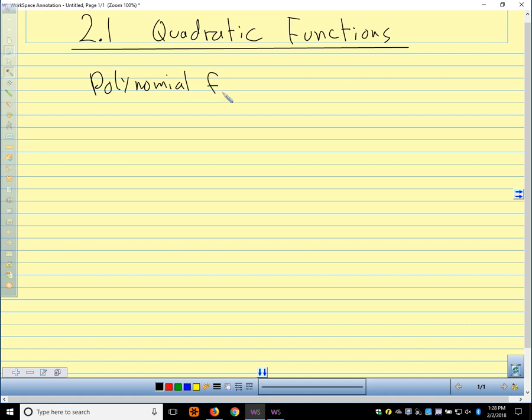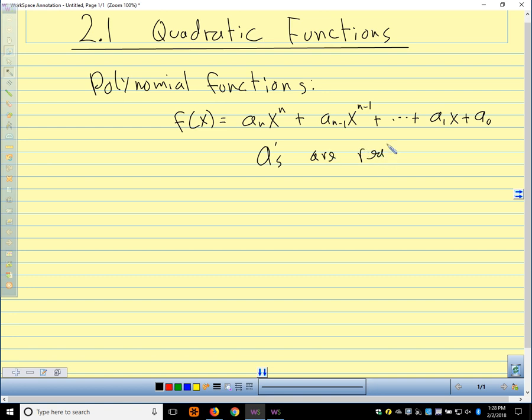Polynomial functions look like this: f of x equals a sub n x to the n, plus a sub n minus 1 x to the n minus 1, plus dot dot dot, plus a1 x plus a0, where the a's are real numbers. Those are our coefficients. And n is greater than or equal to 0.